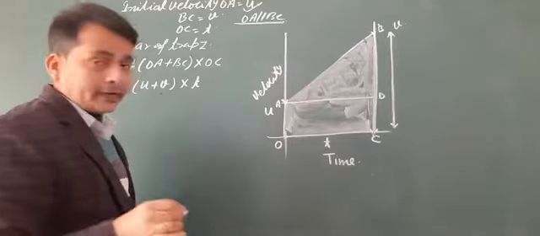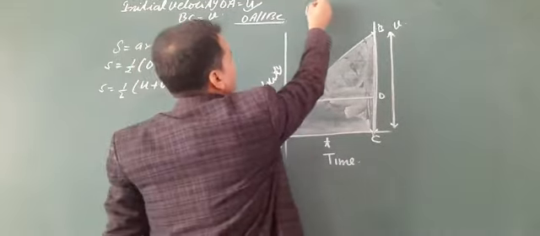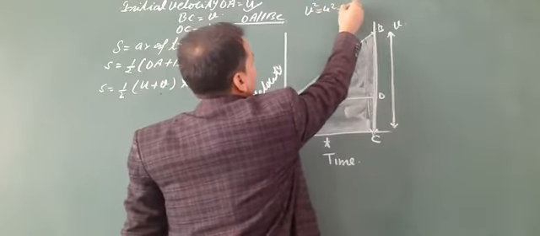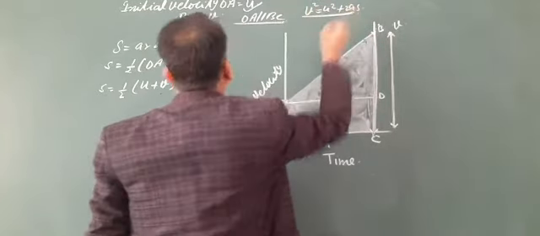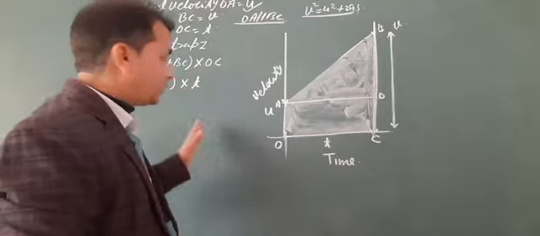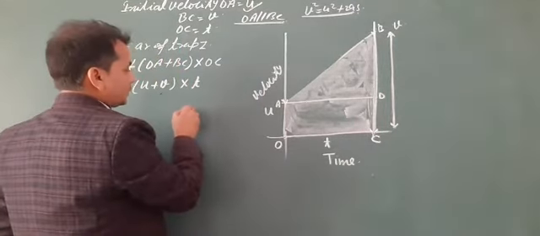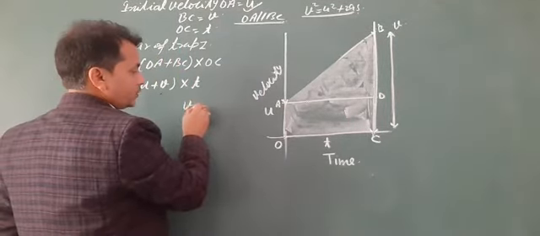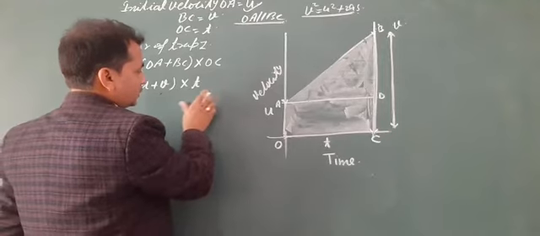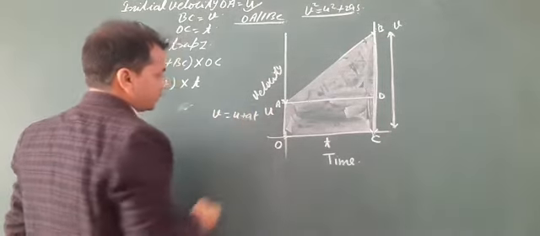In the third equation of motion, V square equal to U square plus 2AS. So with the help of the first equation of motion, we know that the first equation of motion is V equal to U plus AT.